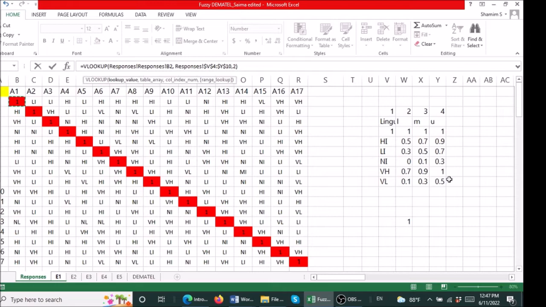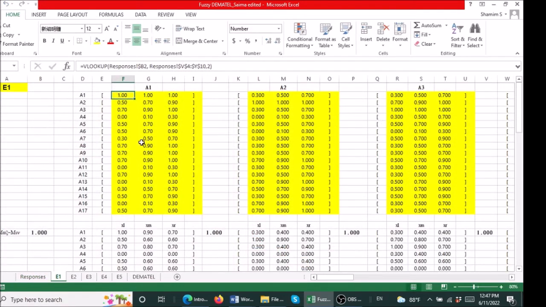From this column. This is the column reference. 2 is our left side value, or the lower limit of the triangular fuzzy number. This is the middle value, and this is the upper value.